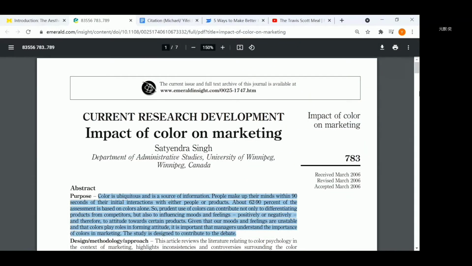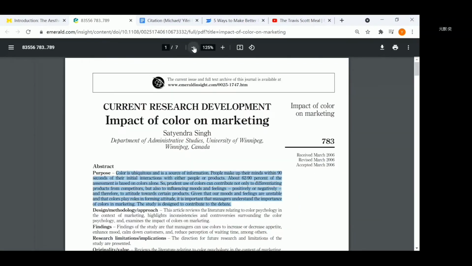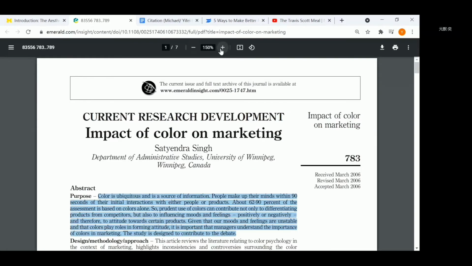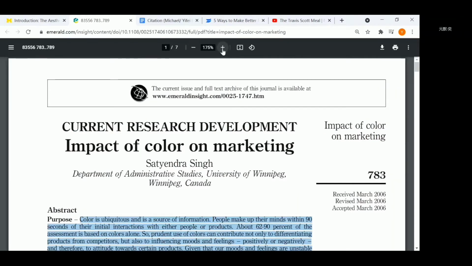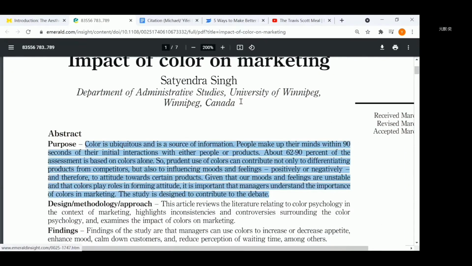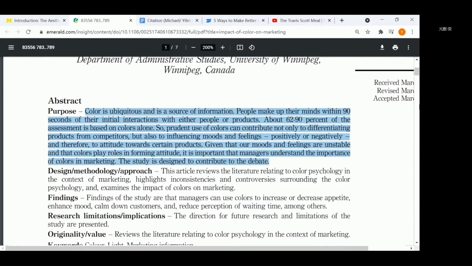According to this academic article, Impact of Color on Marketing, written by Cynthia Stein, an associate professor from the Department of Administrative Studies at the University of Winnipeg in Canada, he described that color is ubiquitous and is a source of information. People make up their minds within 90 seconds of their intuitive interactions with other people or products.